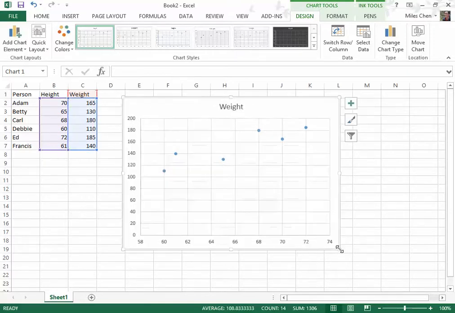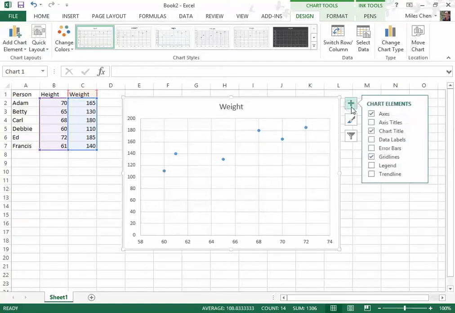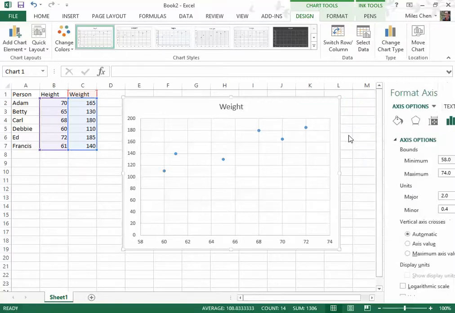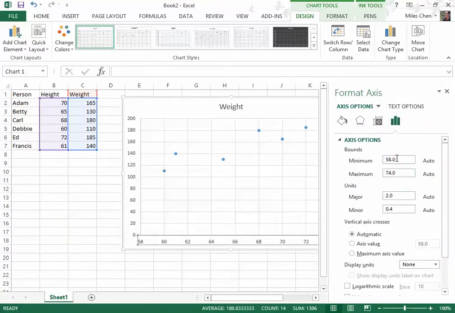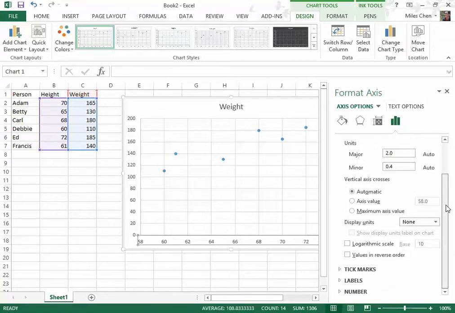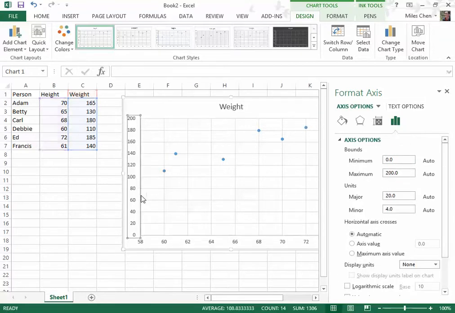I've got height and weight, and you can make edits and things like that. More options. We can change the minimum here.